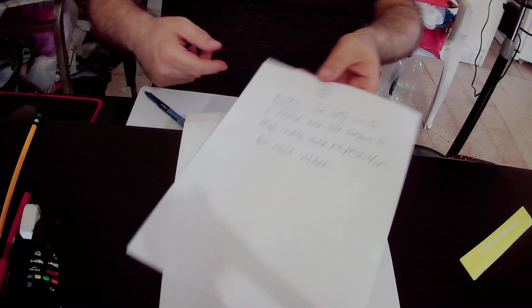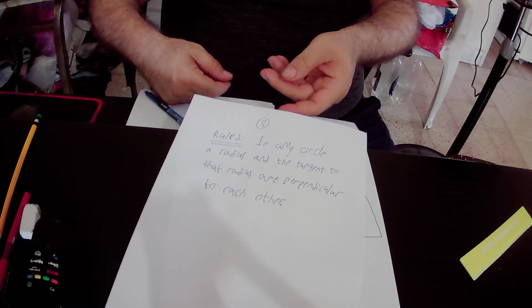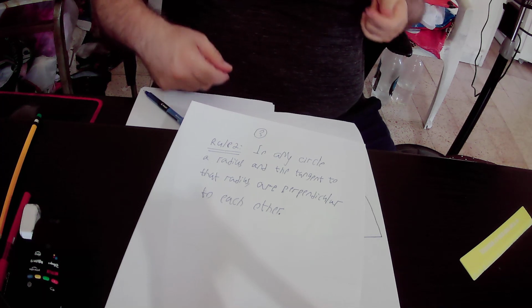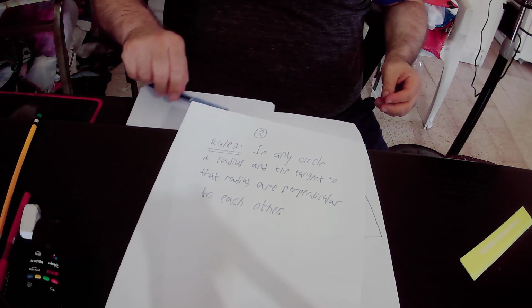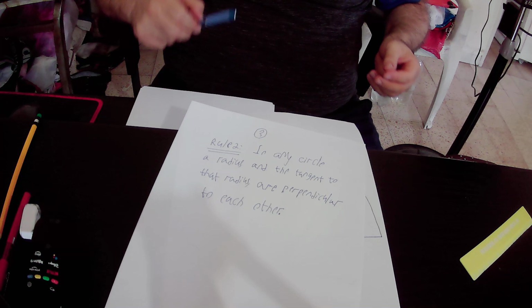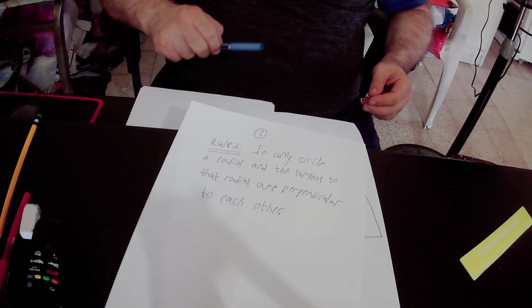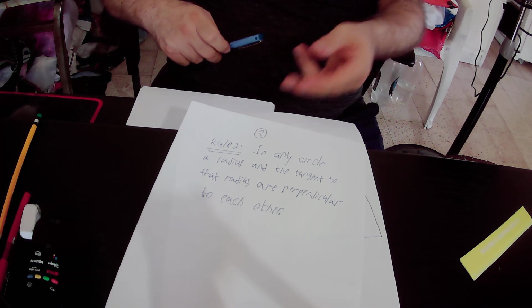Let me read rule number 2 again: in any circle, a radius and the tangent to that radius are perpendicular to each other.